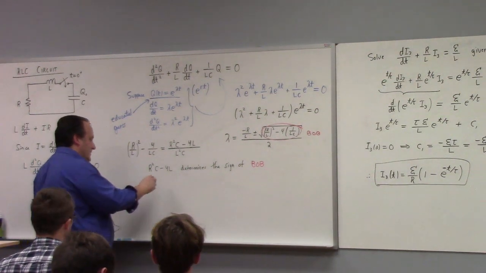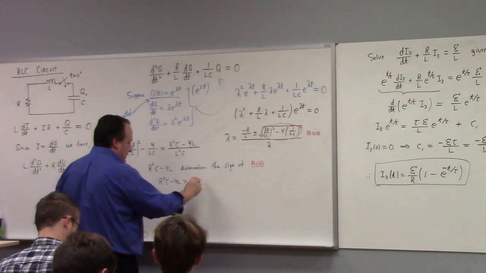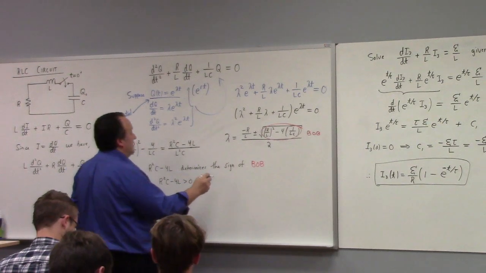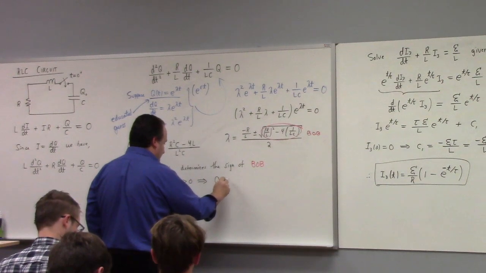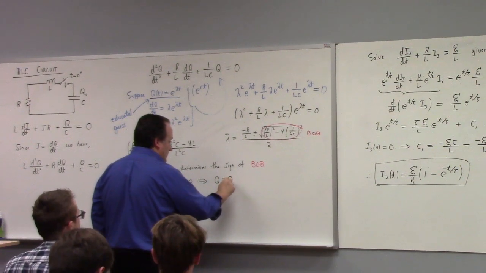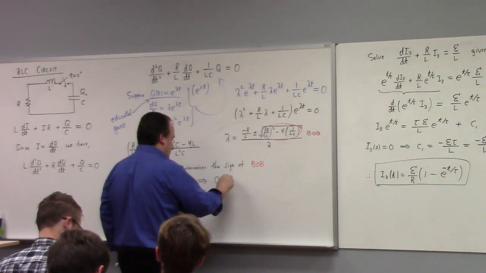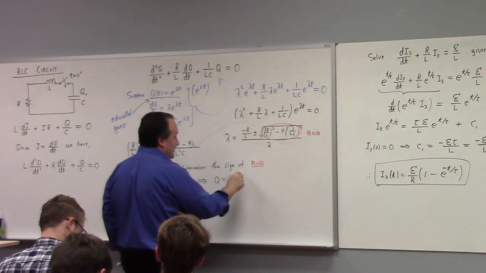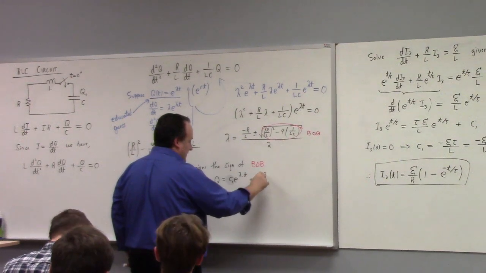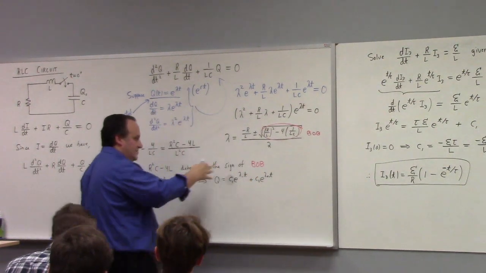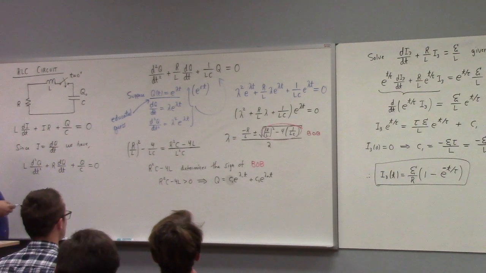So if R squared C minus 4L is positive, that would imply that your solution Q had the form C1 e to the lambda minus t plus C2 e to the lambda plus t, where minus and plus are the solutions that you get from the plus and minus up there, all right? That would be if it's positive.